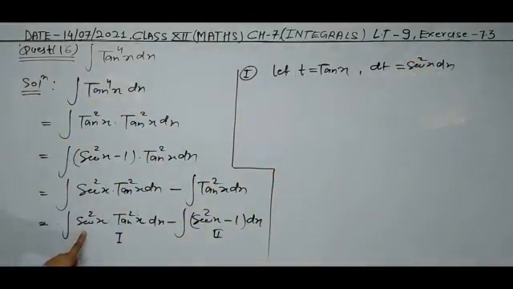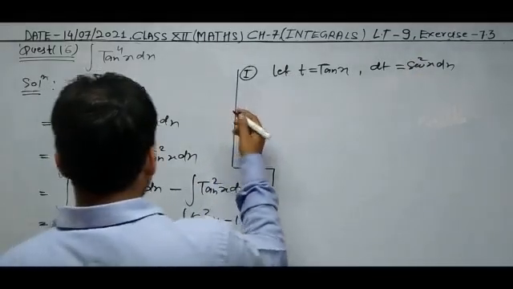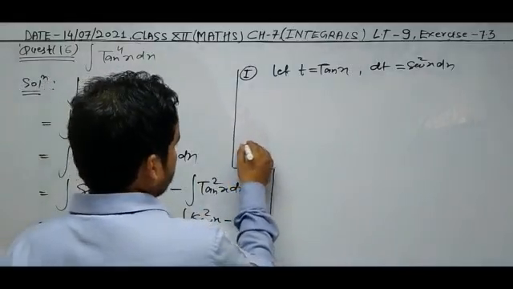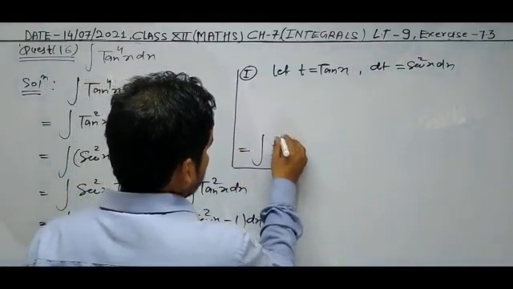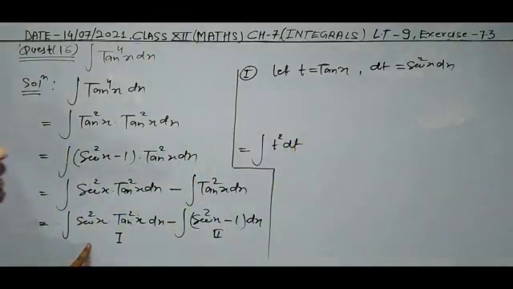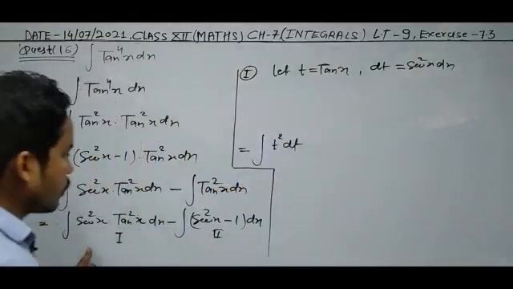So sec square x dx result is dt, and integration will convert into t square dt. Suppose I am going to write here integration over t square dt. This is the first part integral where t is equal to tan x.